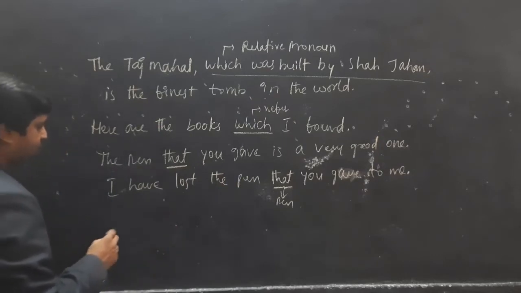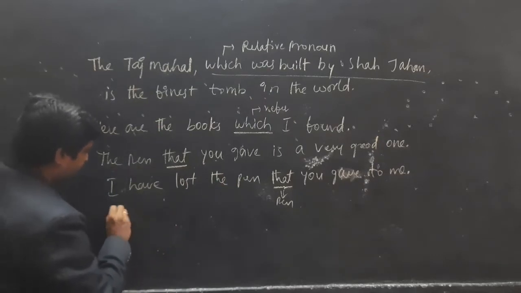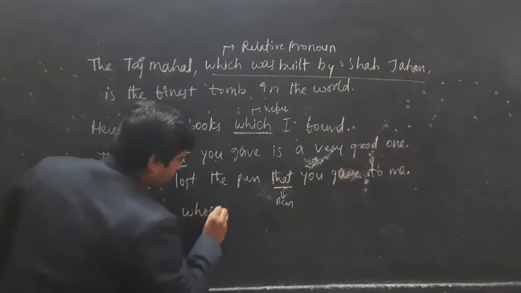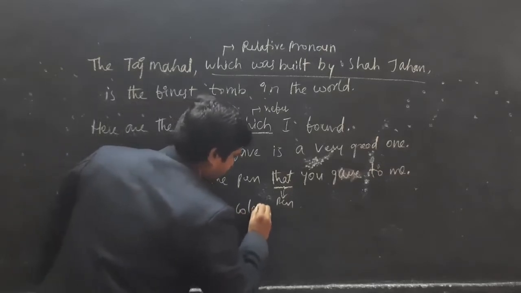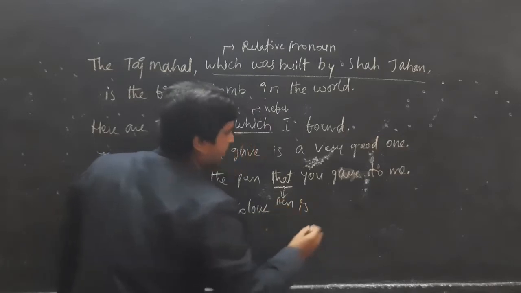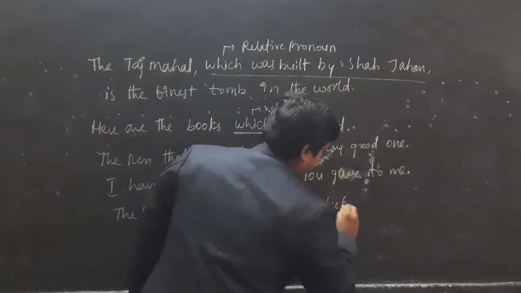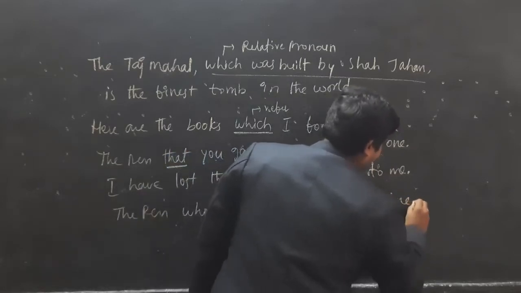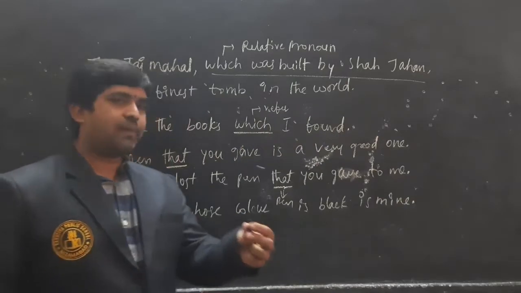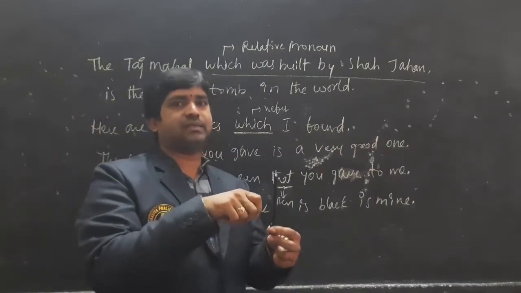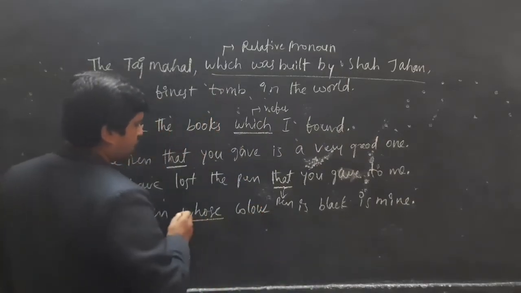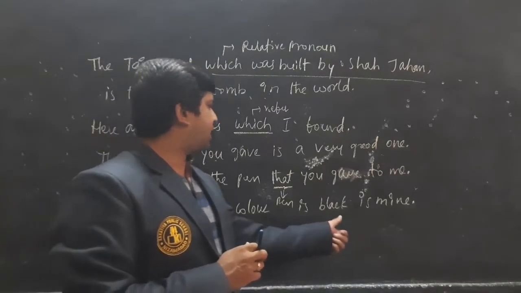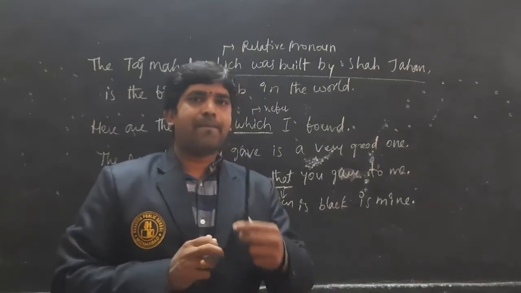Here see another example. The pen whose color is black is mine. Here this whose shows possession.